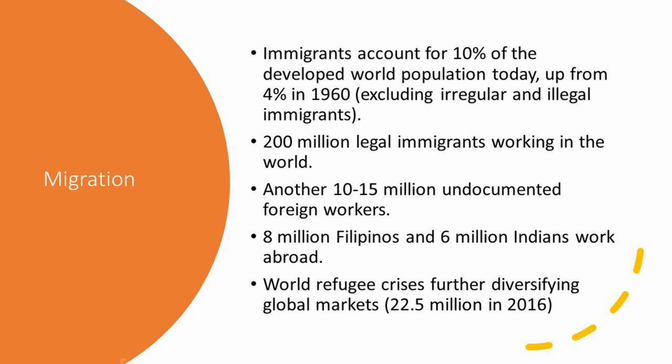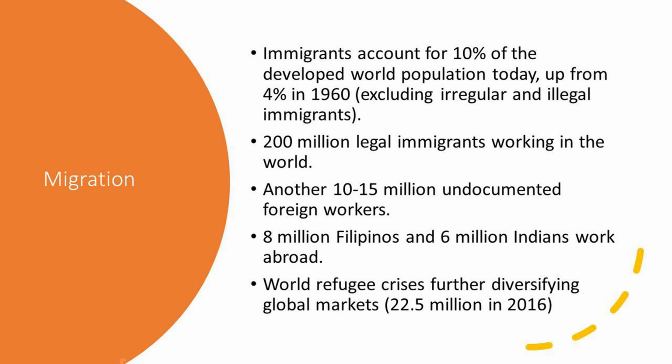It's been increasing in the US because of various laws that passed over the course of time, allowing immigrants, and I'm talking about legal immigrants, to come into the country. 200 million legal immigrants working around the world, another 10 to 15 million undocumented workers, 8 million Filipinos, 6 million Indians work abroad, and the world refugee crises are further diversifying that.